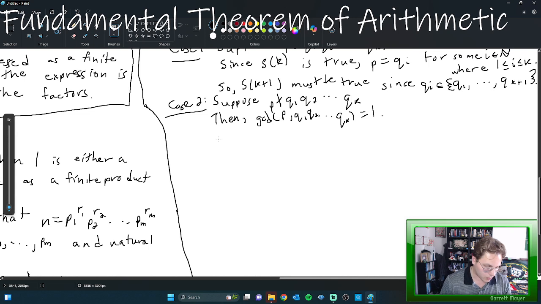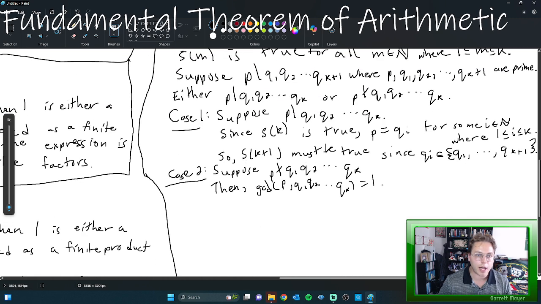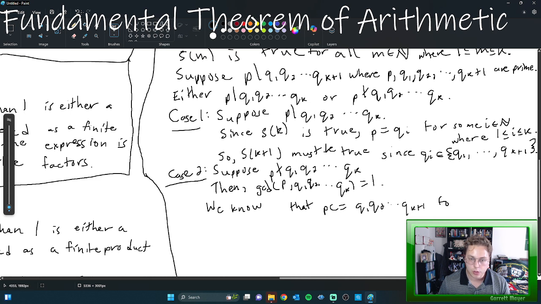Okay, so now we're going to remember from before, we know that P divides this full set here. So we know that Pc equals Q1, Q2, ..., Q(k+1) for some c.